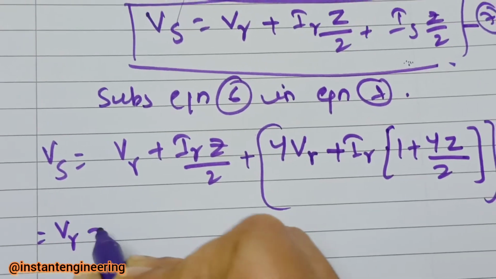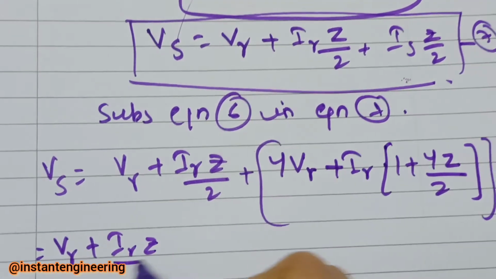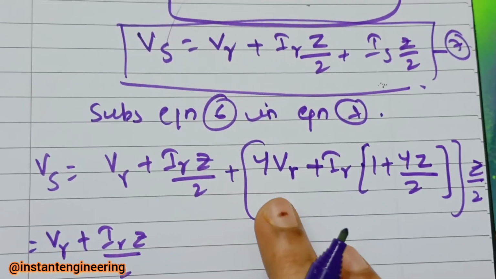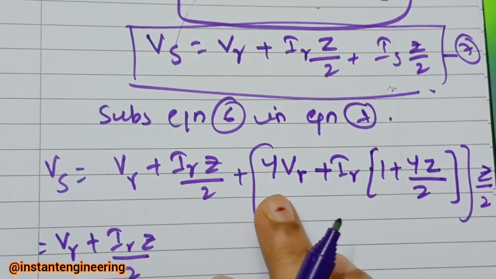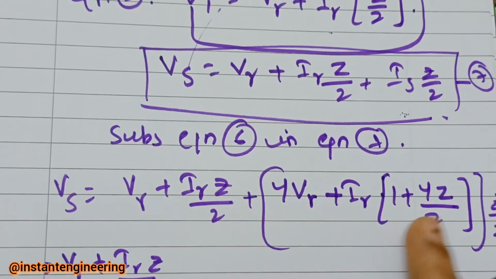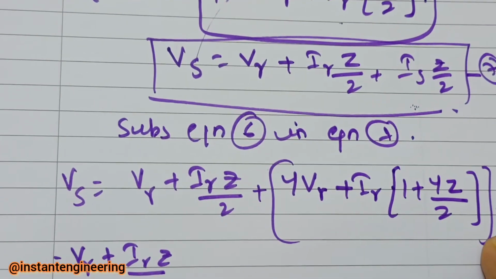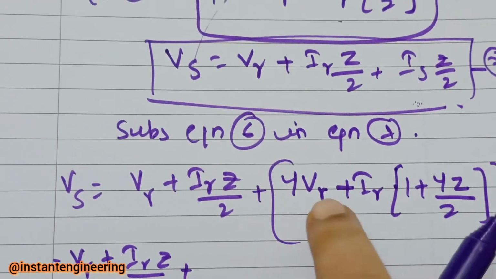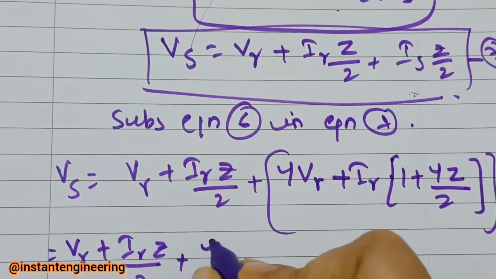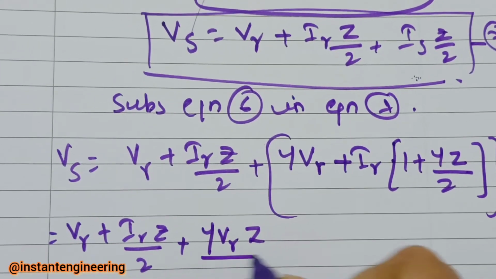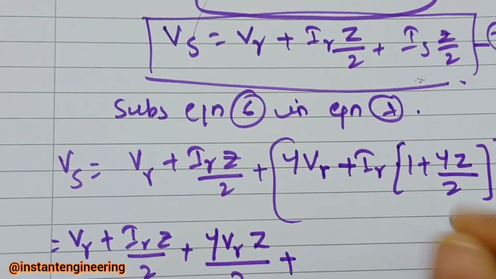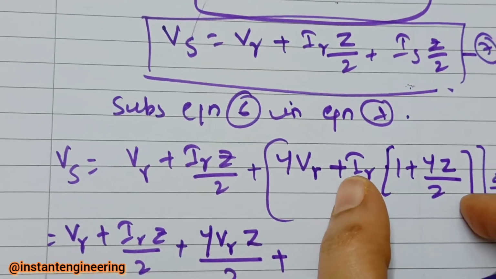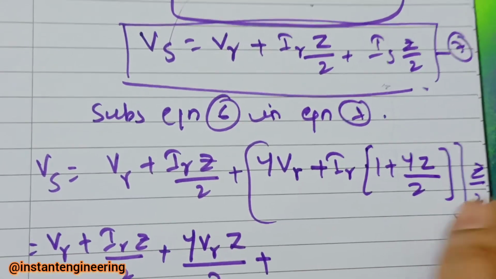Okay. Now see. VR plus IR Z by 2, this is as it is. Now check here. This whole thing is into Z by 2. That means YVR Z by 2, plus, see this thing, IR is only multiplying with this one and into Z by 2.